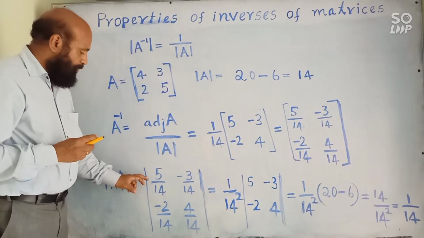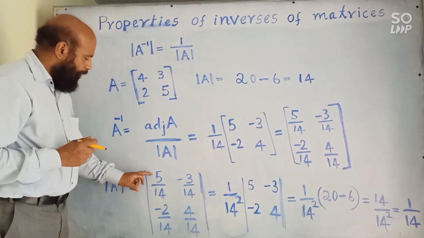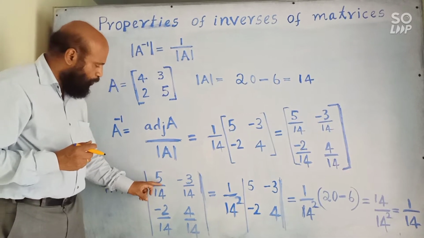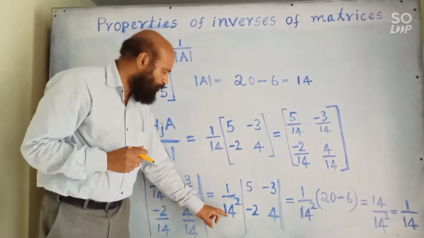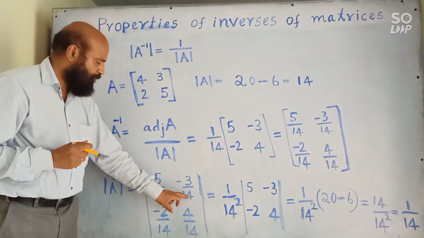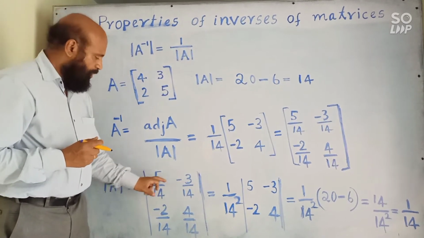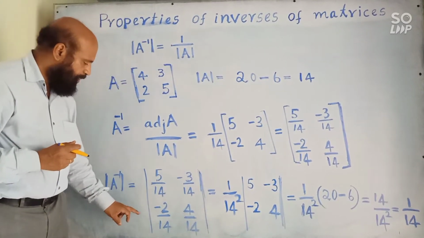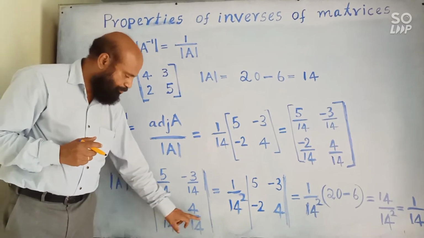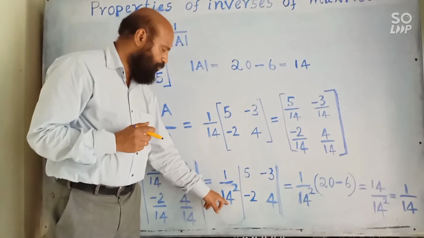So in a determinant, if an element is common in a particular row, it can be taken outside. So this 1 by 14 is taken outside. Since it's again in the second row, again it is taken, so it is a 14 square.